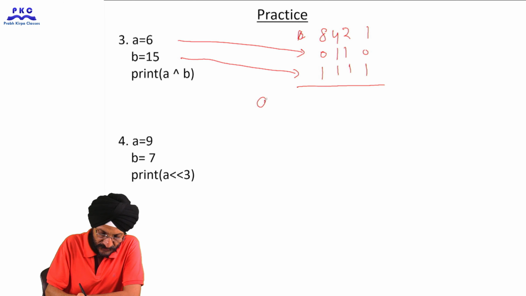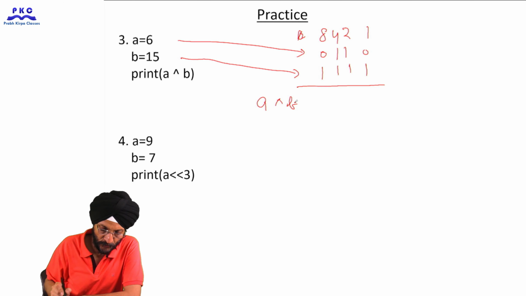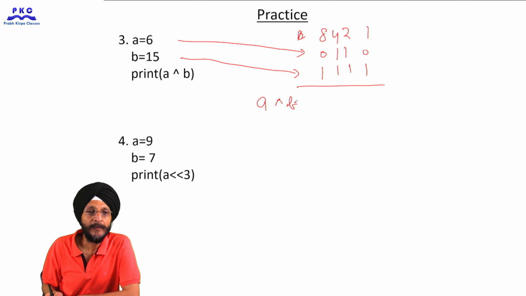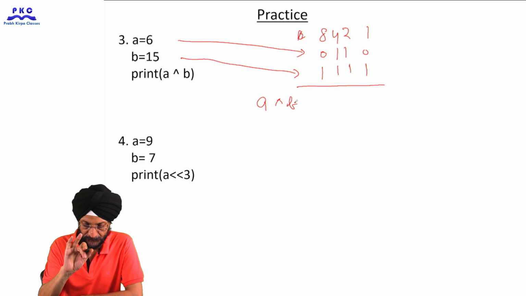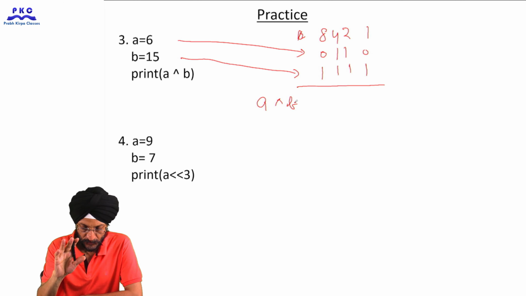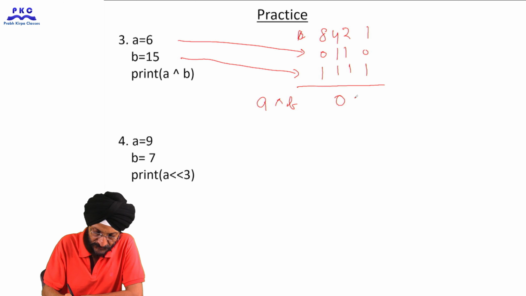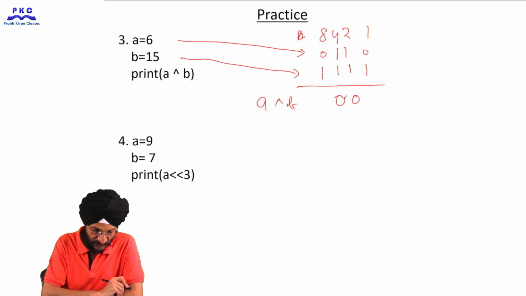So now what is before us? A bitwise XOR B. It returns 1 if the bits are different. If both the bits are the same, it will give 0. Both the bits are the same here, so it is 0.